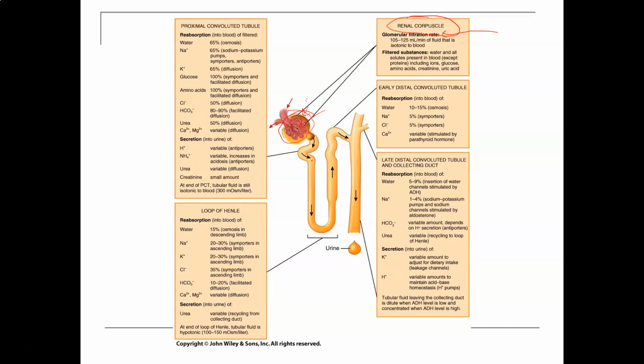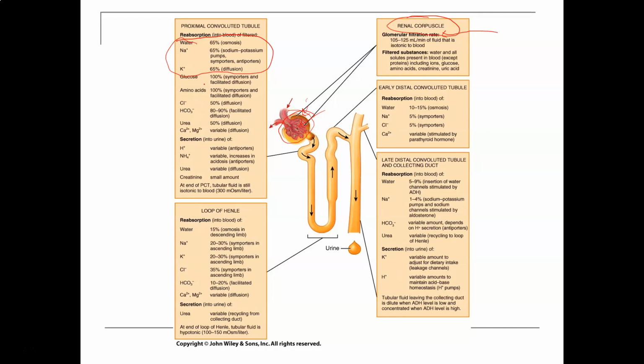Okay, then the filtrate enters the proximal convoluted tubule, where lots of things happen. Here's mainly what I want you to know. In your proximal convoluted tubule, you reabsorb about 65 to 70% of the water and the electrolytes that you want to keep. So right away, you start taking stuff back into your peritubular capillaries.